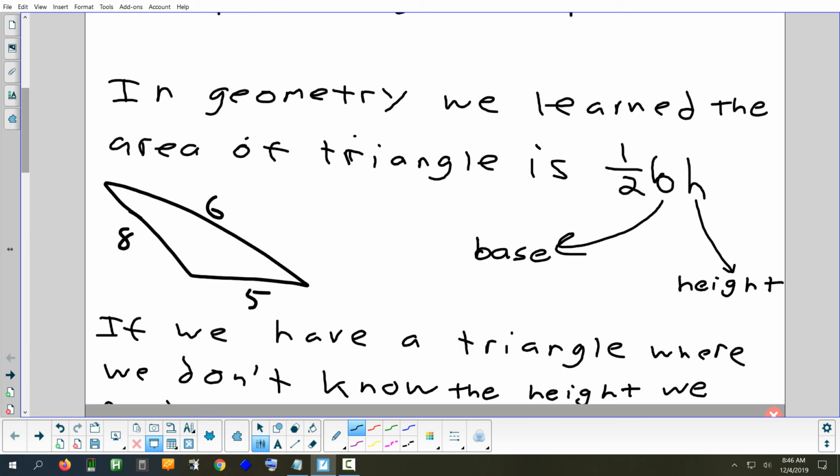The height would be like if this is the ground, and you were standing right here, and you drop something straight down. That's the height. You don't know it. All you know is the sides. Or they could give you something like, instead of that side, they tell you this angle is 120 degrees. They switched out a piece of information, but you still don't know the height.